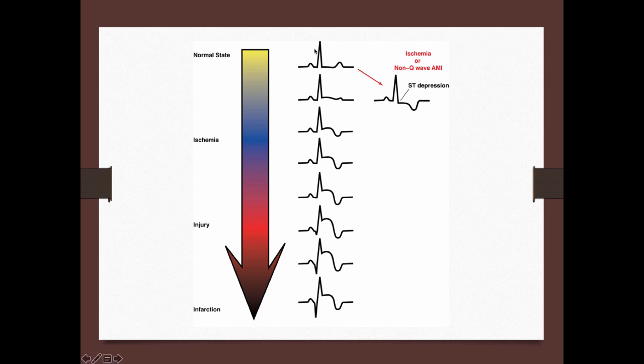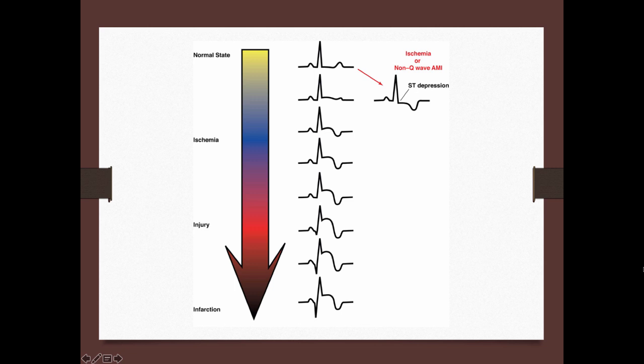In our normal state, look at that, the ST segment is at baseline with a nice upright T wave. As we get into ischemia, we're going to go into some ST segment depression, then into ST segment elevation with a flipped T wave, into injury. We're starting to see this Q wave develop.